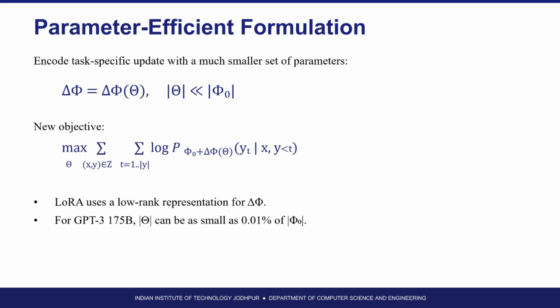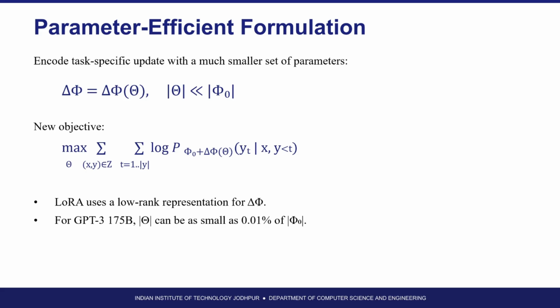So the parameter efficient formulation, which is what LoRA does. The solution is to encode the task specific update with a much smaller set of parameters. So Del Phi is parameterized by Theta, where the cardinality of Theta is very much less than that of Phi 0.